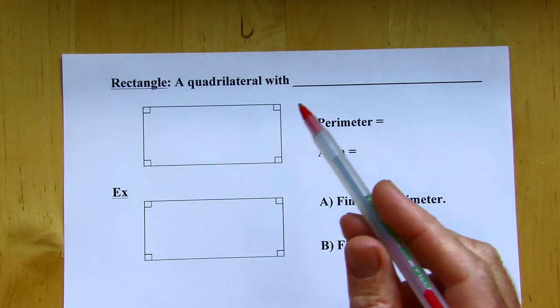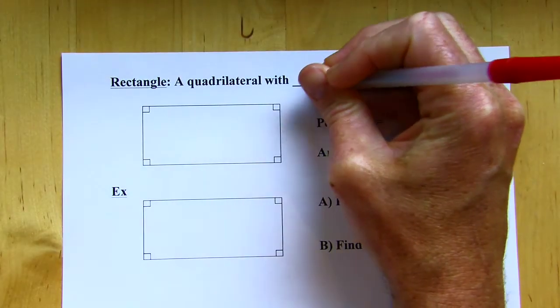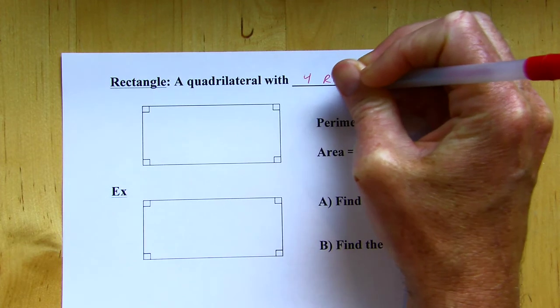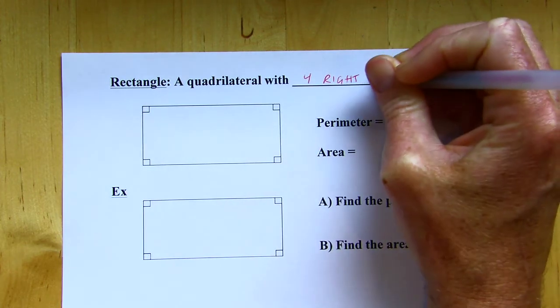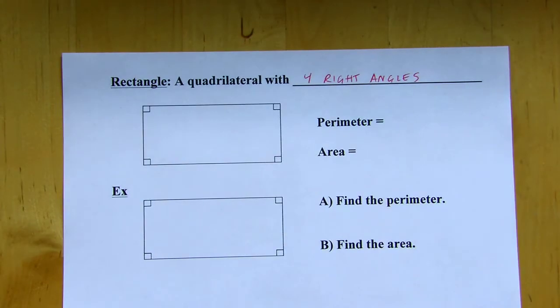It is a quadrilateral that has 4 right angles. Okay, so does that mean that a square is a rectangle? A square actually is a rectangle. It's a special type of rectangle. It's a rectangle where all 4 sides are congruent.